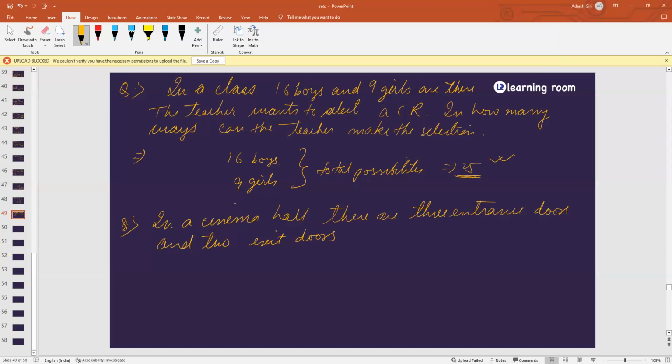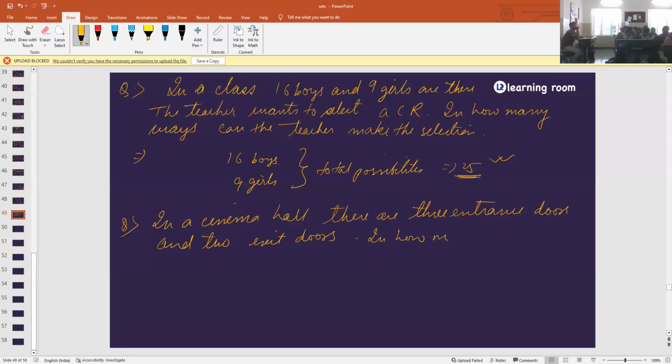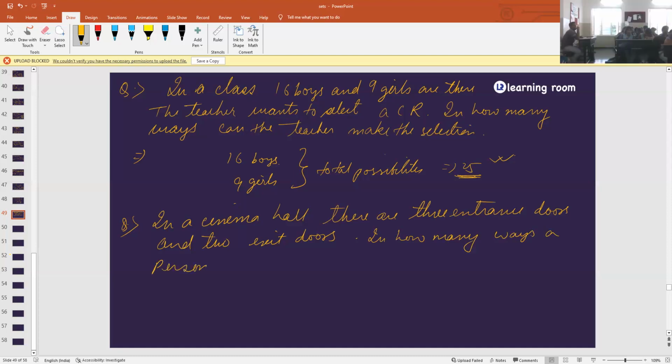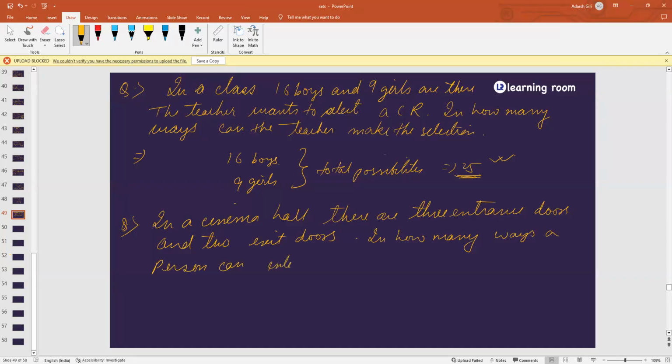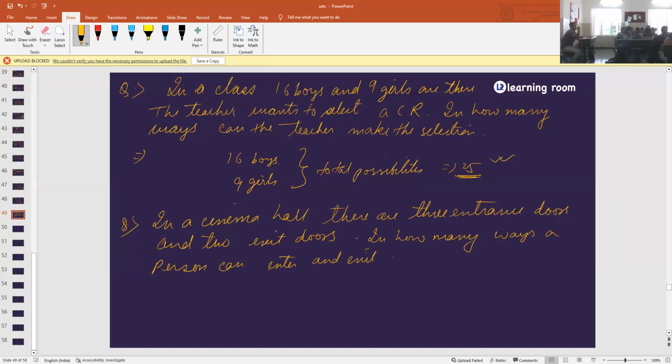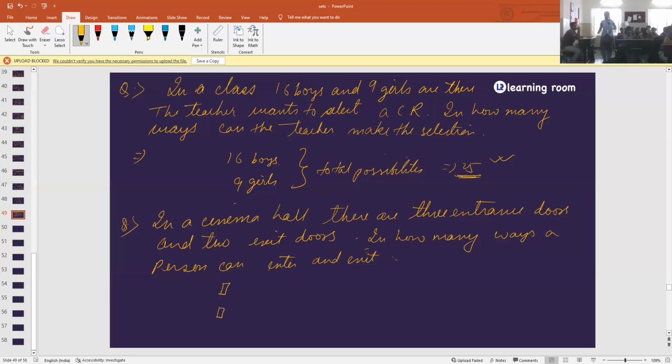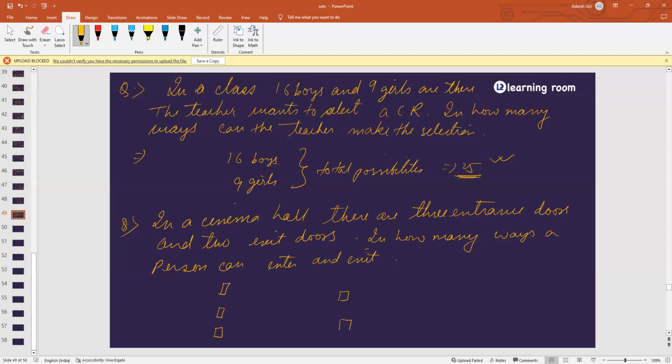In how many ways can a person enter and exit? So basically, see, this is one entrance door, second entrance door, third entrance door, and we have two exit doors. This is one exit door, this is two exit door.